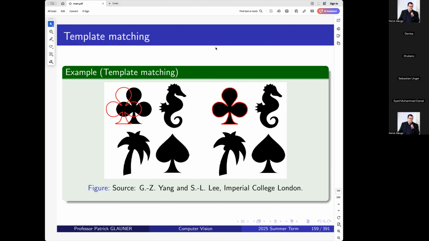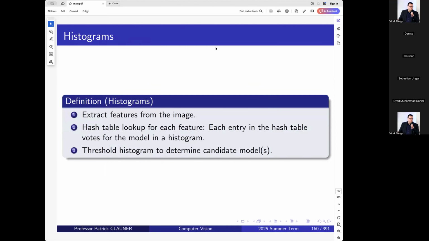Maybe it works very well, runs much faster, and you need much less hardware than if you use a more complex approach. Yet, I think in today's world, in the year 2025, there's a limited number of applications for such template matching. But it's a beginning. We're starting to look now into increasingly more complex ones.